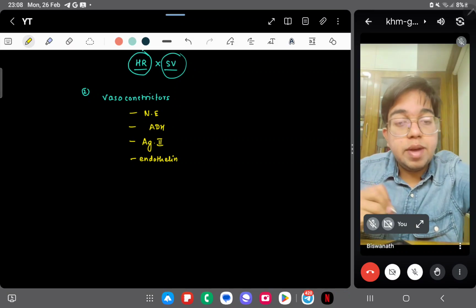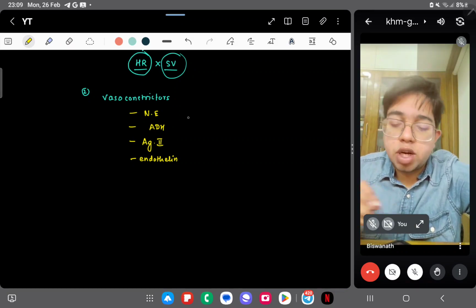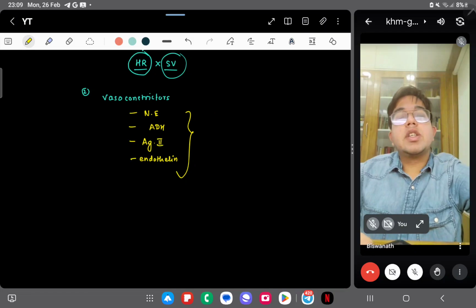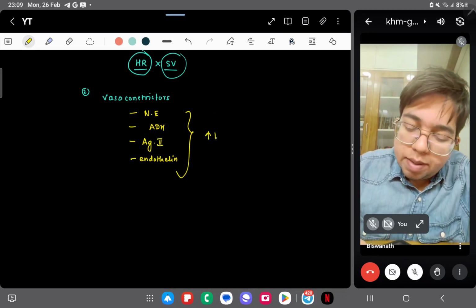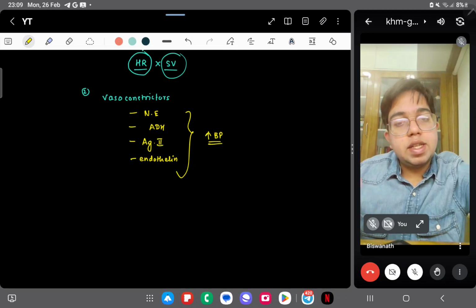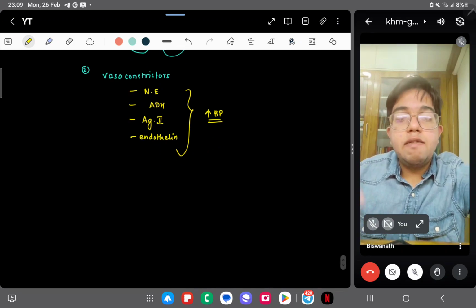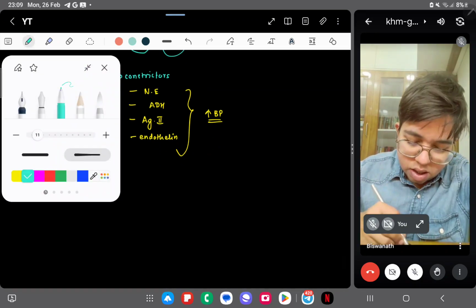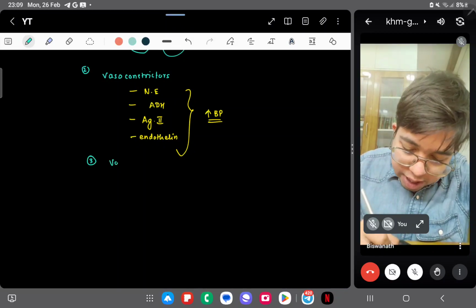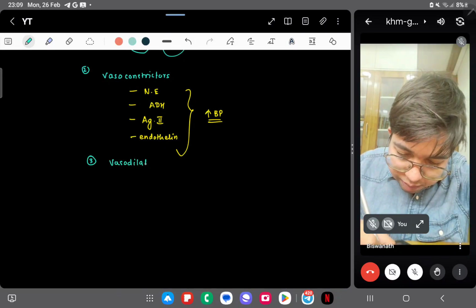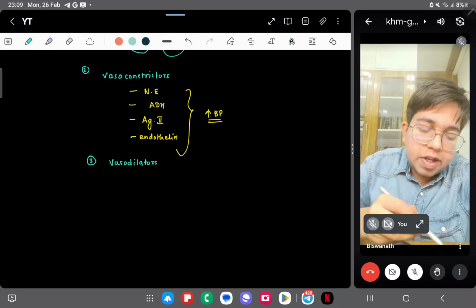This is also very important. In pathology you will realize its importance. These are all vasoconstrictors. Vasoconstriction means it will increase the blood pressure. These factors will all increase the blood pressure. Likewise, we have vasodilator substances as well. This is the last point of the day, vasodilators. What are the vasodilators?